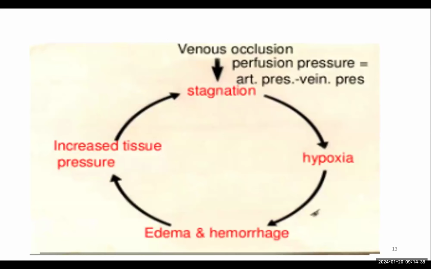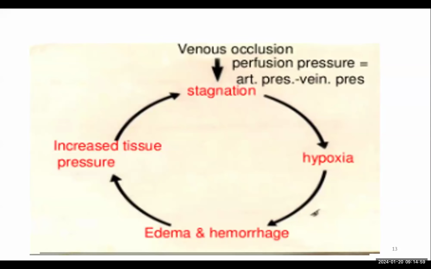When there's venous occlusion, it causes stagnation. The stagnation causes hypoxia in the distal tissue that's supposed to be drained. When there's hypoxia, there are compromised blood vessels, which lead to further extravasation of blood.